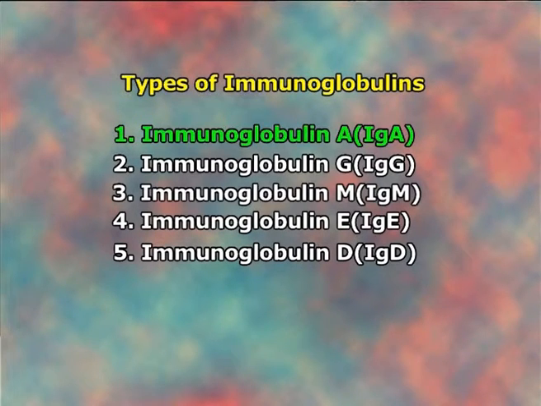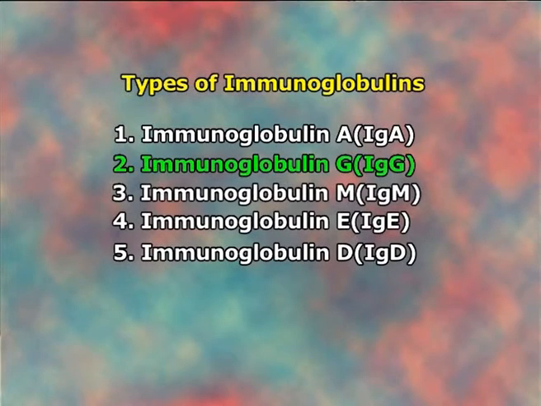First, immunoglobulin A. Immunoglobulin A antibodies are found in areas of the body such as the nose, breathing passages, digestive tract, ears, eyes and vagina. Immunoglobulin A antibodies protect the body surfaces that are exposed to outside foreign substances. This type of antibody is also found in saliva, tears and blood.